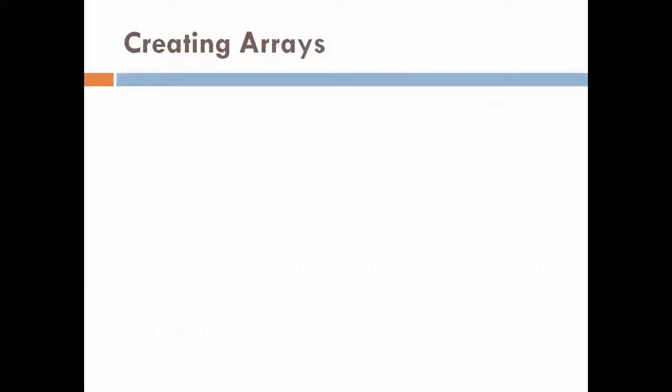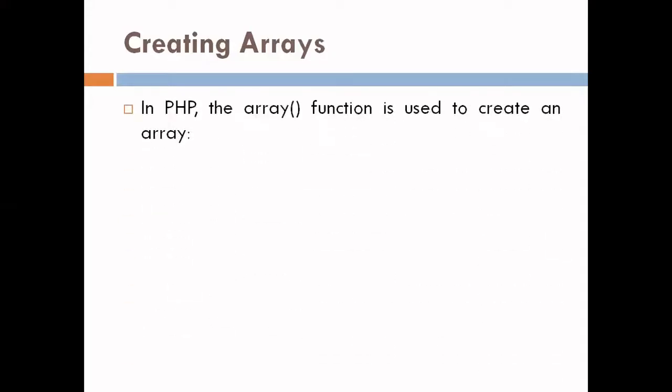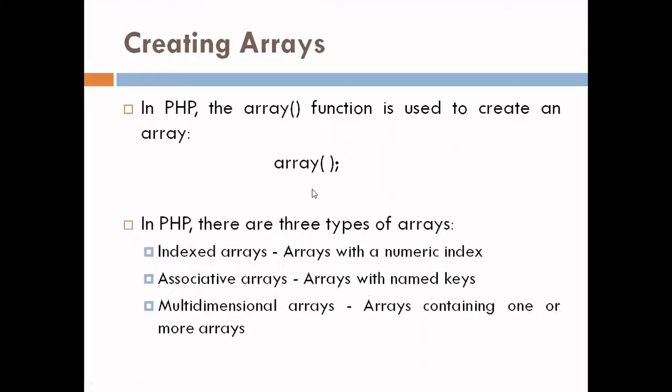Now, how to create an array in PHP? In PHP, the array function is used to create an array. Here is the syntax: array, then a bracket. In PHP, there are three types of array. First is the indexed array. An array with a numerical index is known as an indexed array or a numerical array.